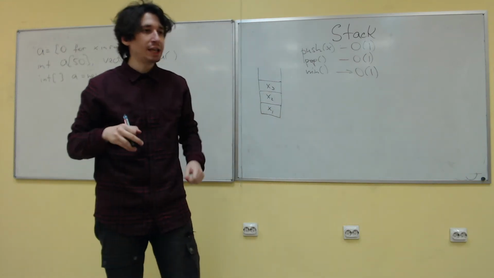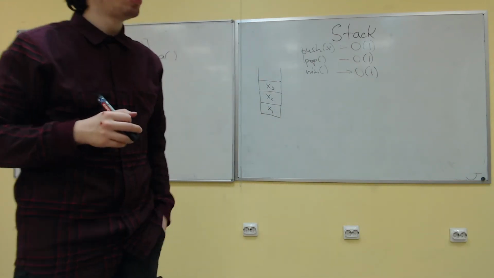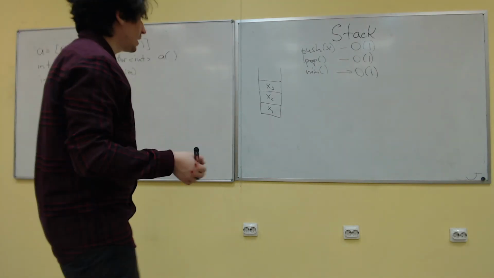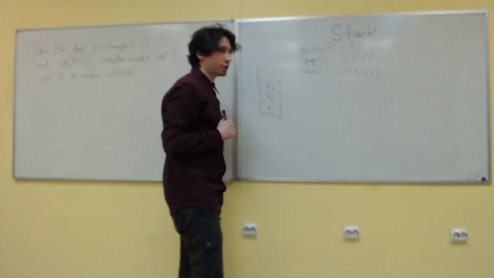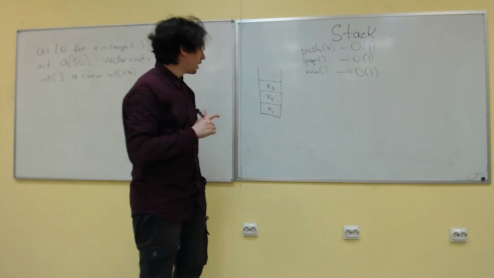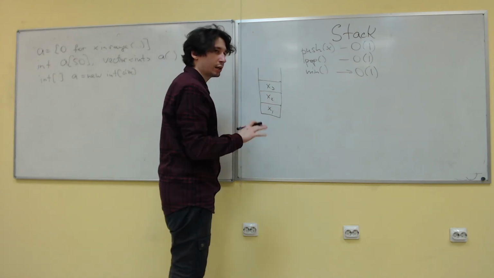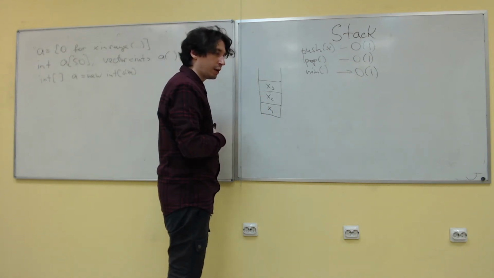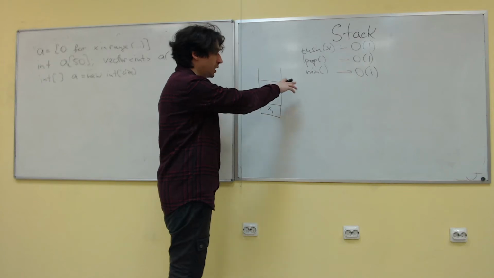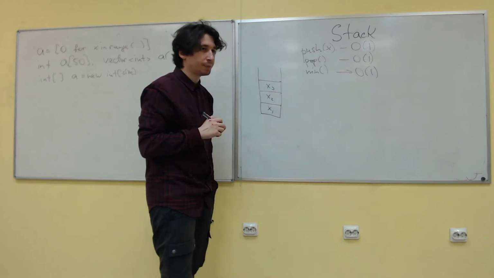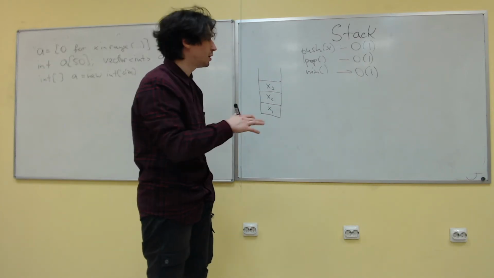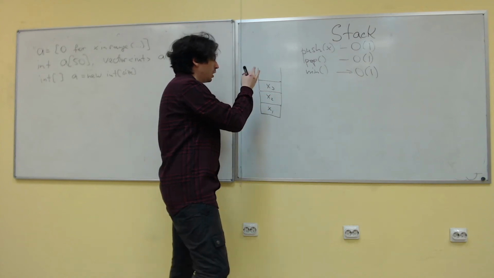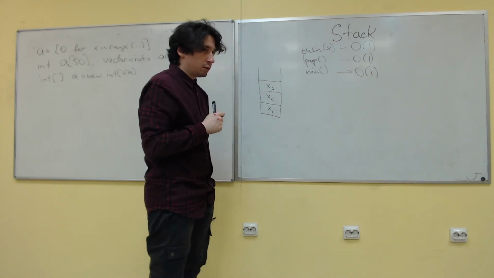So do you have any ideas on how to implement such a data structure? I allow you to change the stack as you want, but still you have to answer minimal in constant time. We'll have to also store the minimal while pushing and popping.